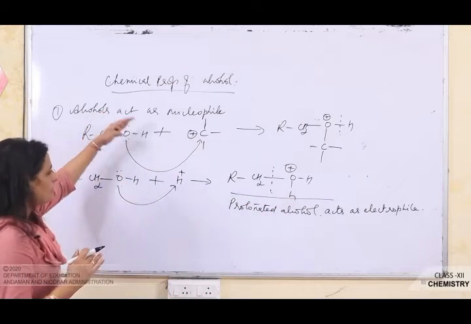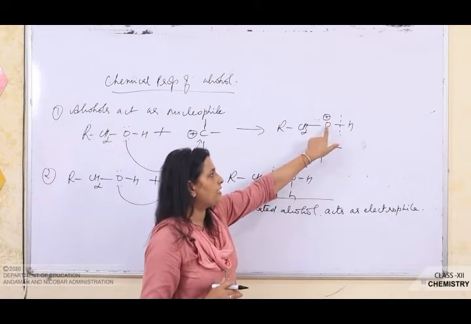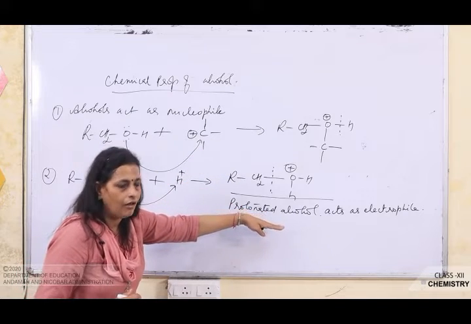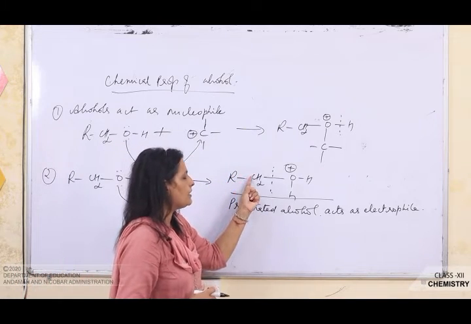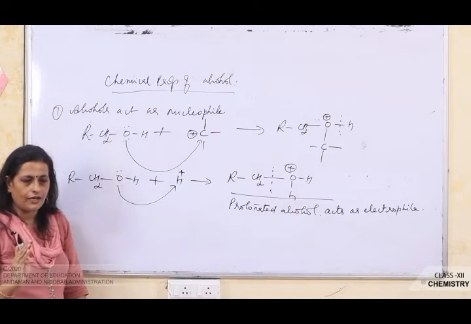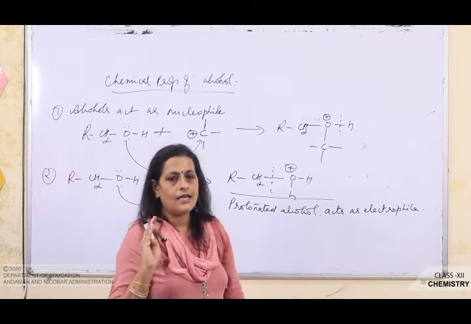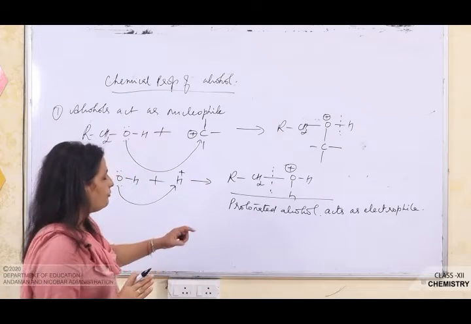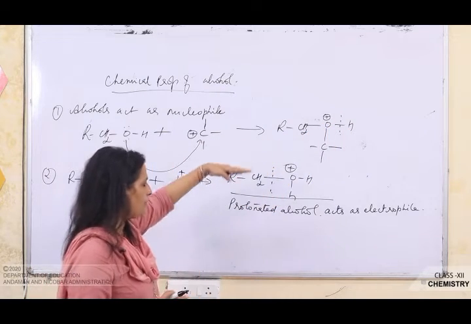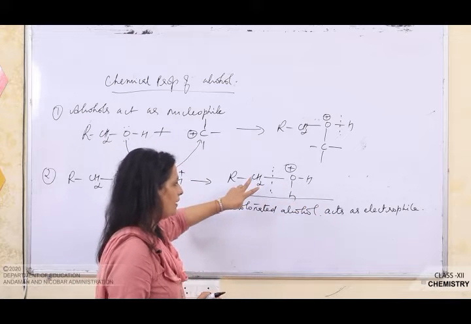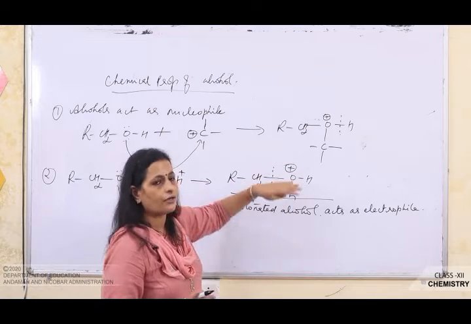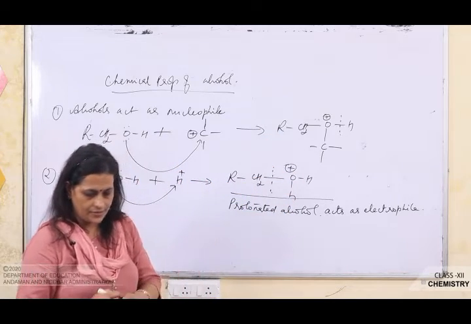When it acts as a nucleophile, the bond cleavage is taking place between oxygen and hydrogen, and in case of a protonated alcohol acting as an electrophile, the bond cleavage takes place between carbon and oxygen. Both these things you come across in chemical reactions.